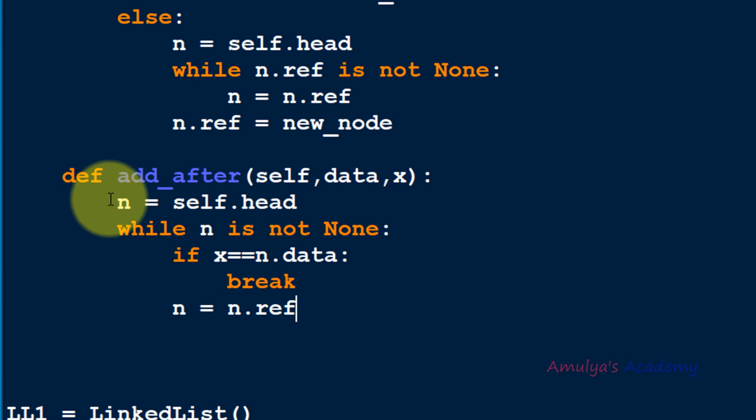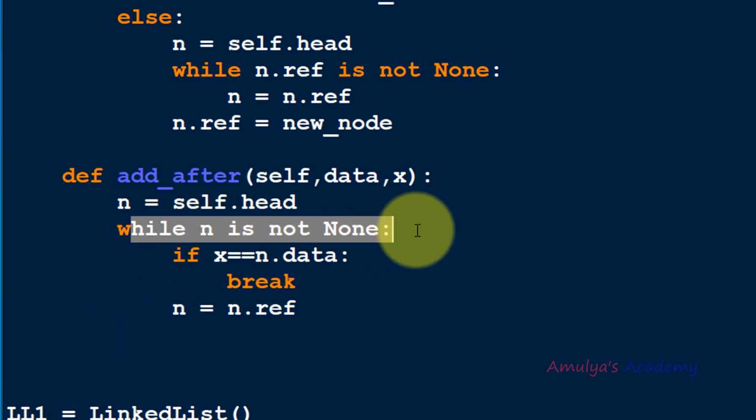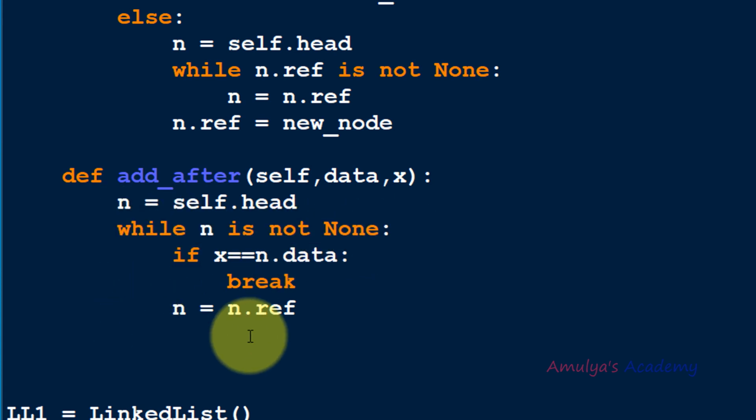Now what we did is we are searching for x. When we found x, we'll just come out of the loop, or we can come out of the loop for another reason also. If n is None, that means the while condition becomes false, and it will come out of the loop, right? So the while loop can be terminated because of two conditions.